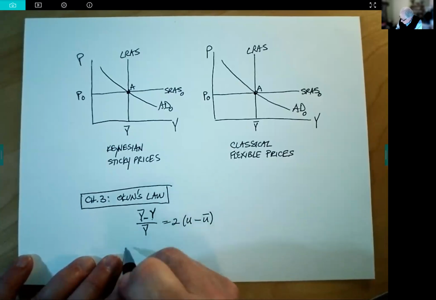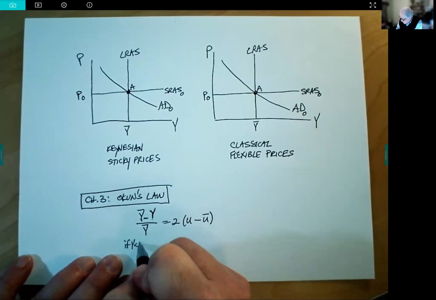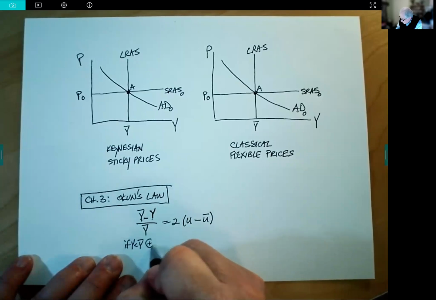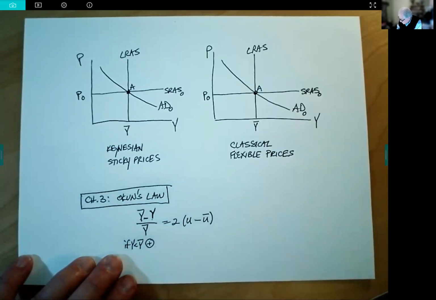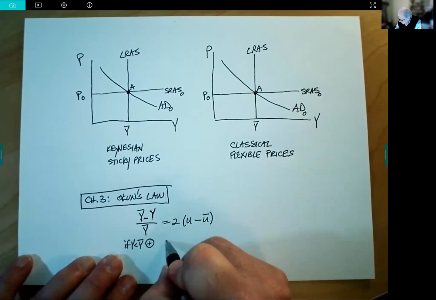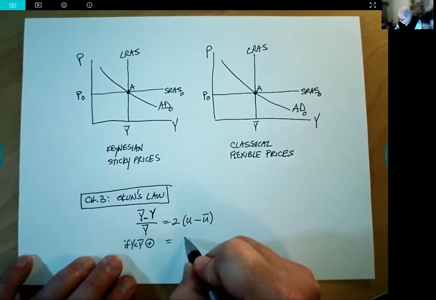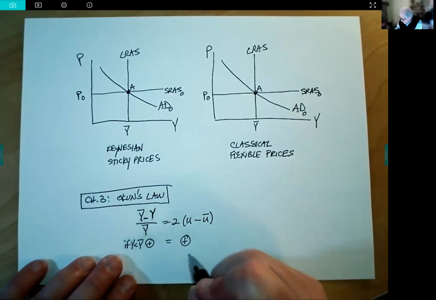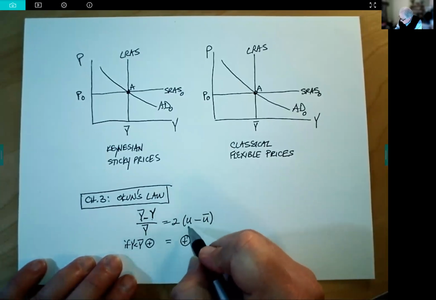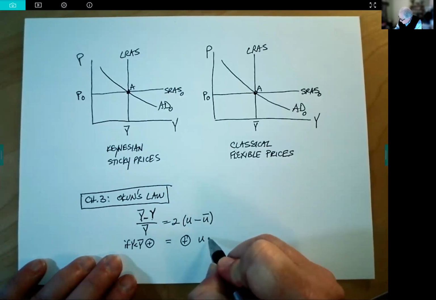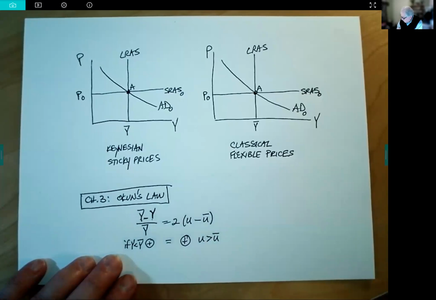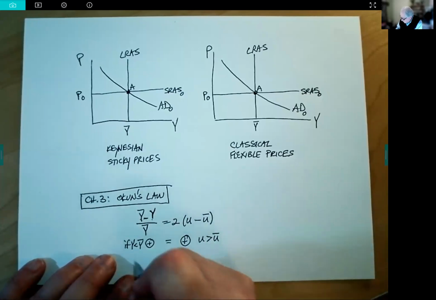So if Y is less than potential GDP, this side of the equal sign is positive. That means this side of the equal sign has to be positive. Even forget about what the actual numbers are. But if this side is positive, it means that the actual level of unemployment has to be greater than the full employment level of unemployment, right?